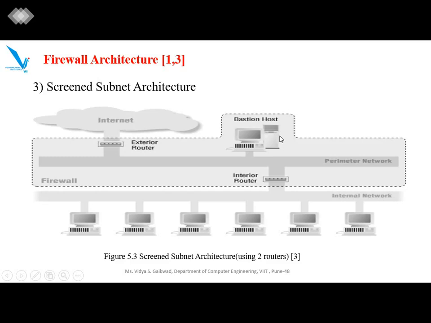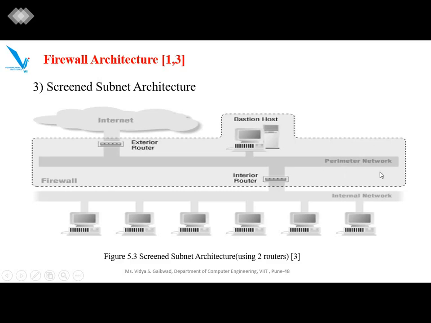If the attacker is able to successfully break the security of this bastion host, then the complete internal network is open for the attacker. So to reduce the impact of the attack, the solution is to isolate this bastion host on perimeter network.